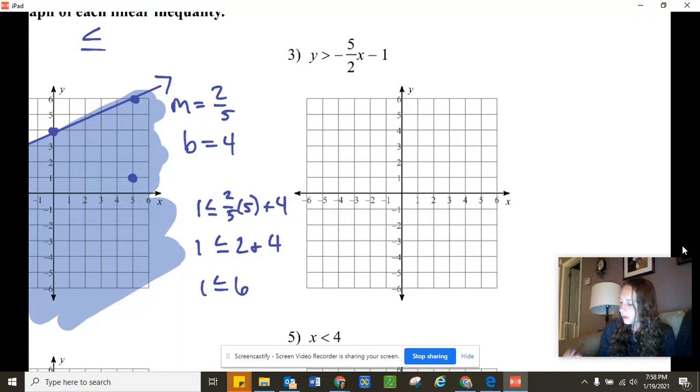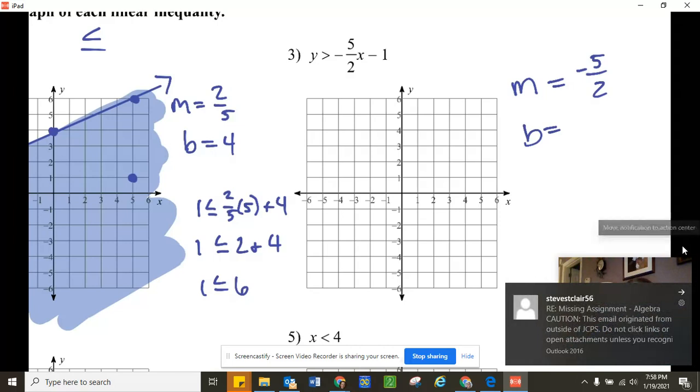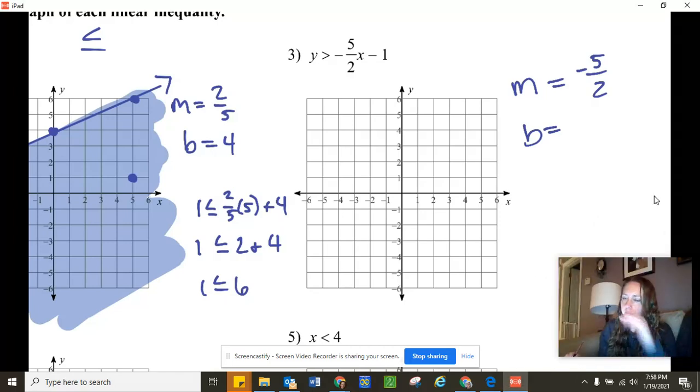So, for this one, same thing, m and b. m is negative 5/2. b is negative 1. So that means that I start at negative 1 on the y, and since it's negative 5/2, I go down 5 and right 2. And then I'm going to go up 5 and left 2.